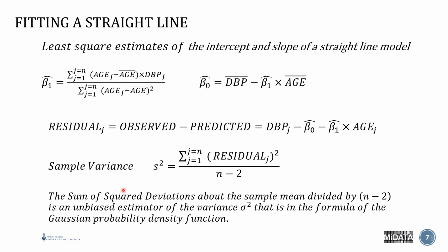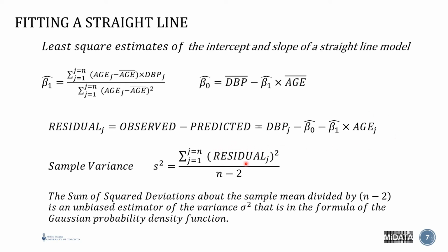Now, when you look at your sample variance, just as we did in the previous slide, there we had the value minus the mean squared divided by n minus 1. But in this case, we're using the residual. Once again, it's still the residual, but in this case, we have two parameters in the residual. And this is what the residual is equal to.